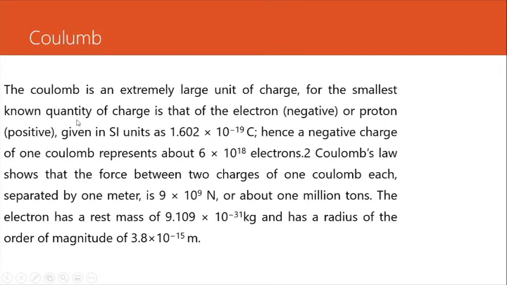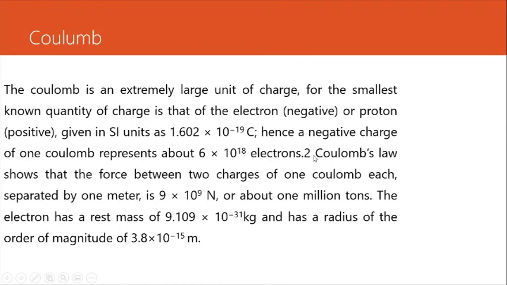The smallest quantity of charge is that of the electron, negative, or it can also be the proton, positive, given in SI units as 1.602 times 10 to the negative 19 coulombs. Hence a negative charge of 1 coulomb represents about 6 times 10 raised to 18 electrons.